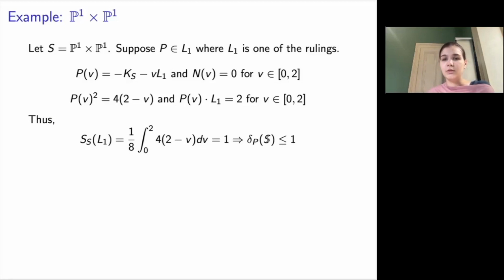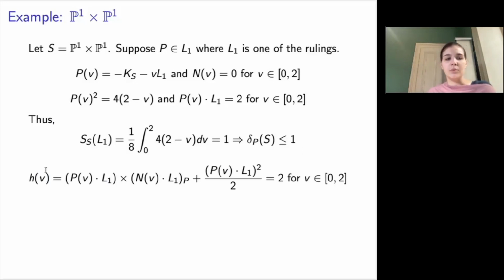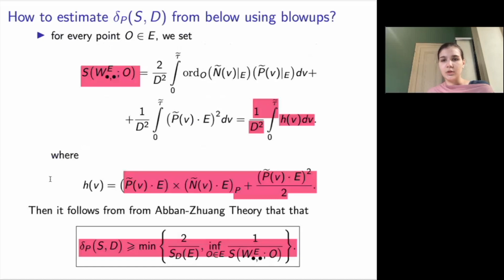So the local delta invariant at this point will be less or equal than 1. Then we compute our function h, which we mentioned on this slide. Actually, it's for the curve. We have a similar kind of h for the curve, which is on the surface.